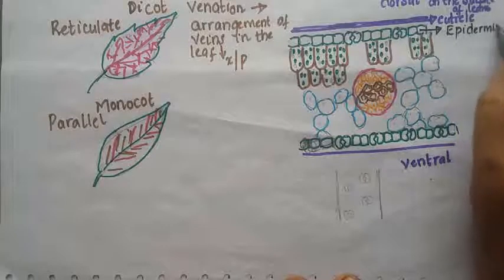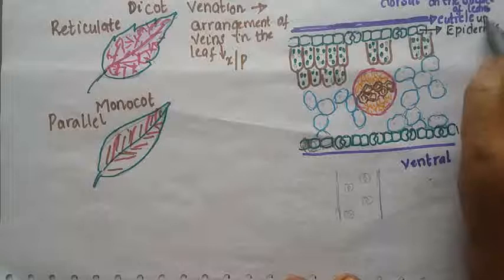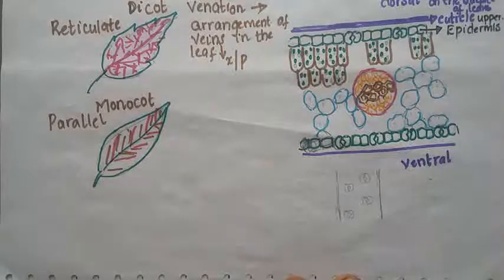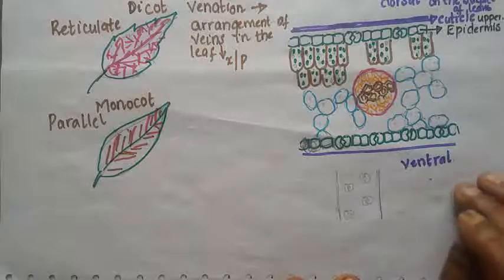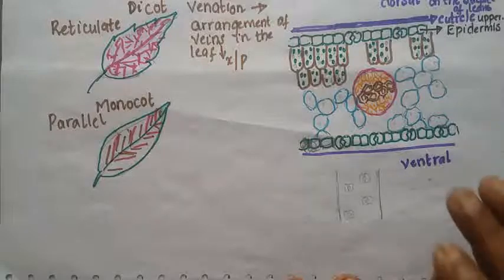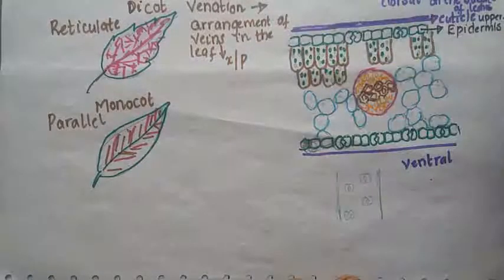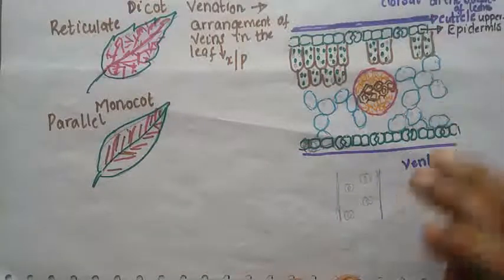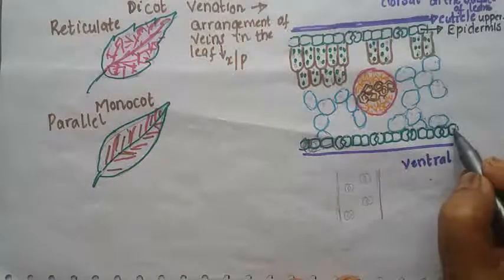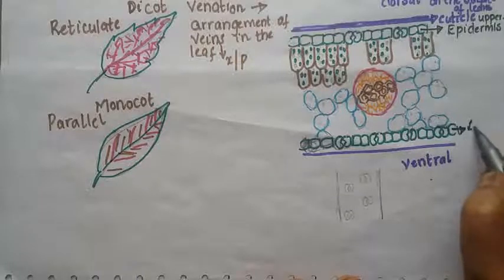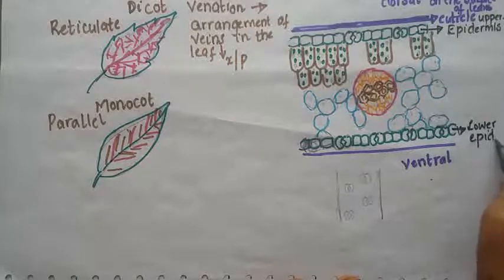and this is the upper epidermis. So a leaf has two surfaces, that is the upper epidermis on the dorsal surface and the lower epidermis on the ventral surface. So this is the lower epidermis.